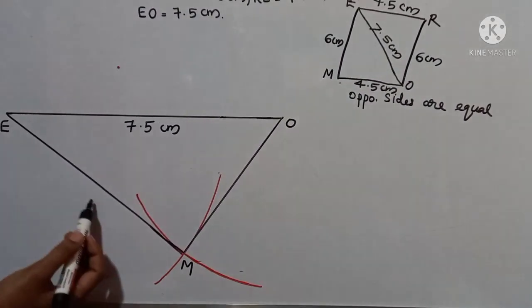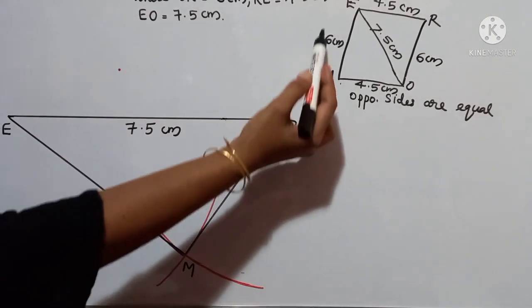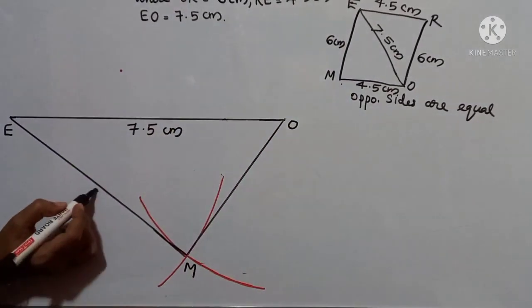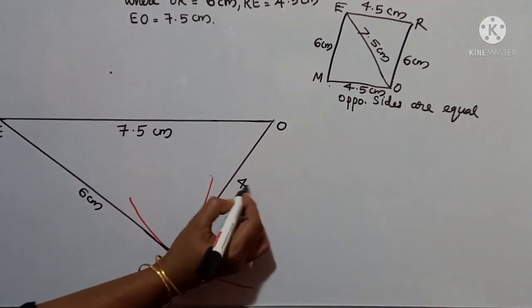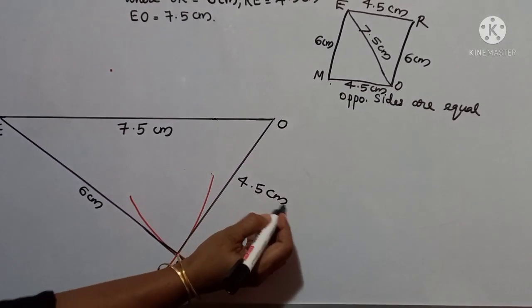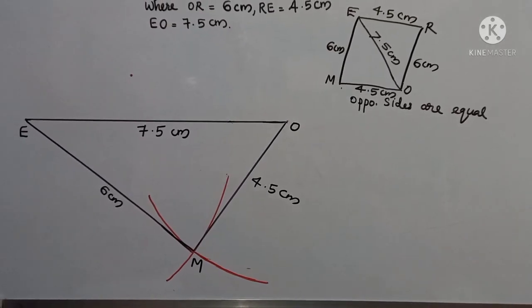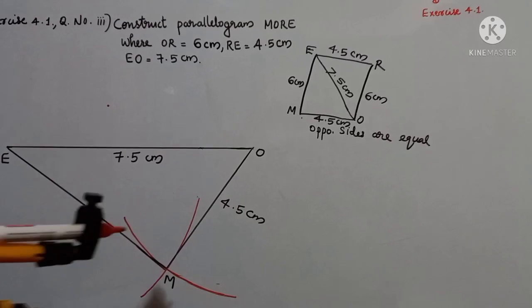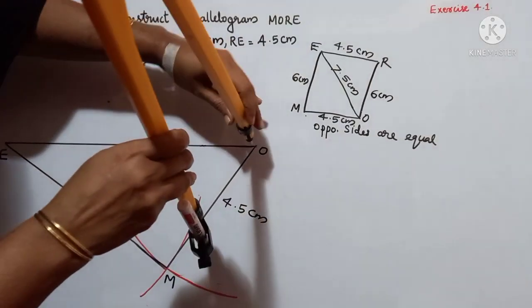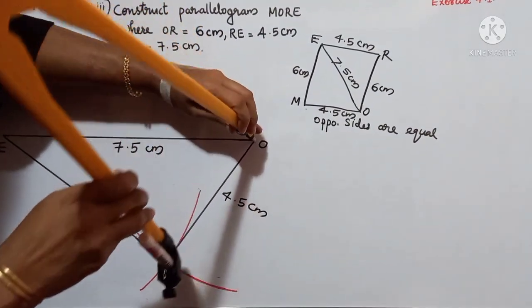Then we have to give the measurements here. Write that measurement EM 6 centimeter right here and OM 4.5 centimeter. Similarly, we have to draw the other two sides for another triangle so that it is easy to measure from here to here.